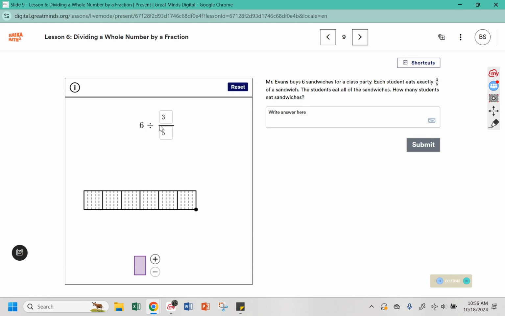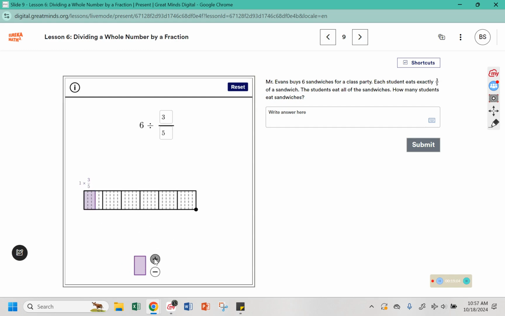So 6 is split into 3/5, which means we have 1, 2, 3, 4, 5, 6 holes, and each hole has 5 parts because they're split into fifths. And we are shading in 3 at a time. There's 1, 2, 3, 4, 5, 6, 7, 8, 9, 10.